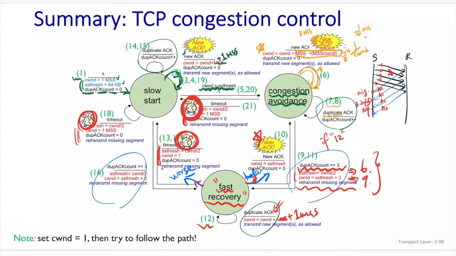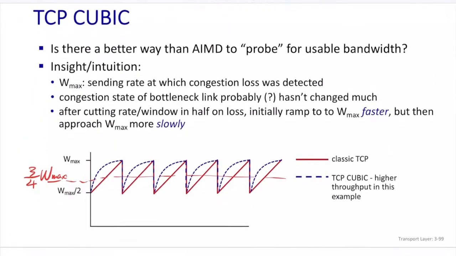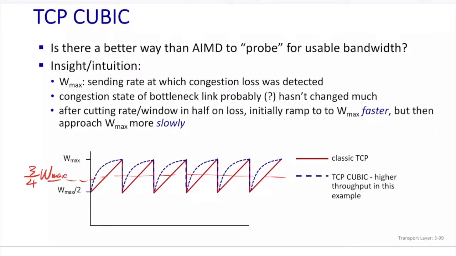So you can know what exactly each event means at different states. When a new ACK is received, we have different scenarios right here, okay? So that's the one called TCP cubic, but we will not cover all those materials.